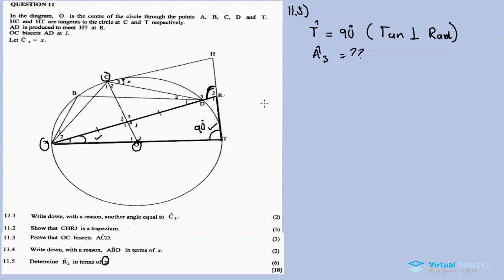ACO. This triangle ACO, let me just say in triangle ACO, in fact this is an isosceles triangle because this is a radius. OC is a radius, and a radius is equal to a radius.